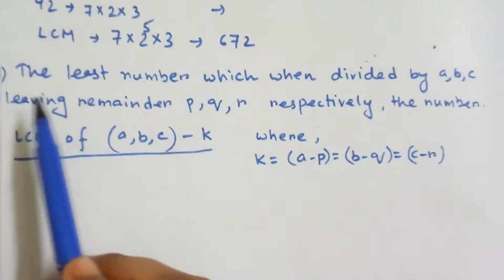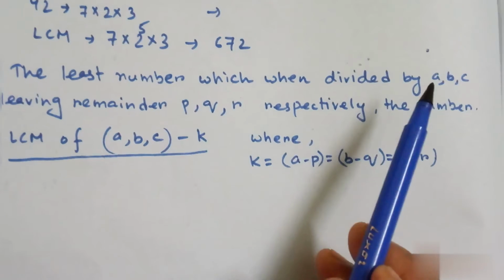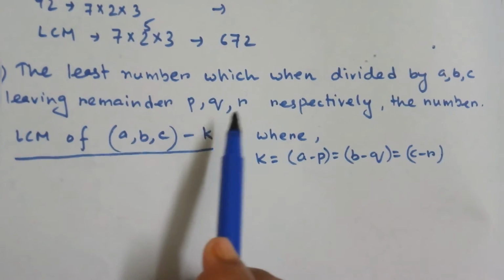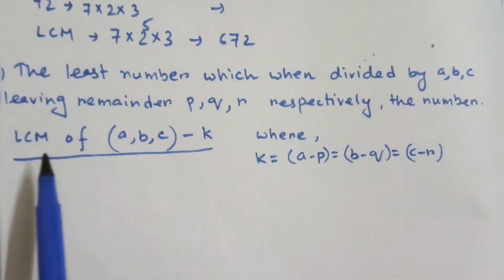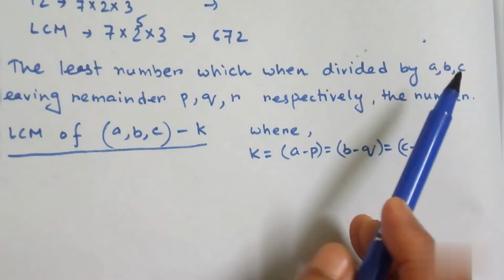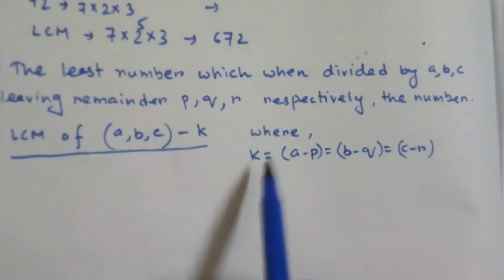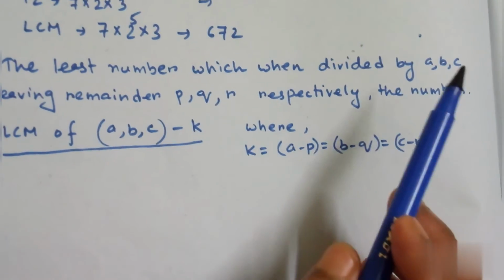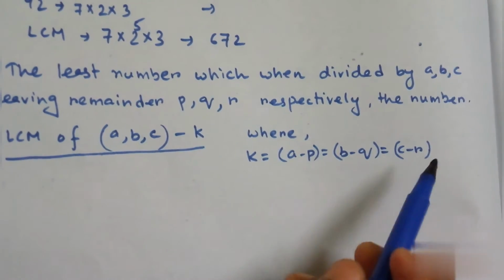The second is the least number which when divided by A, B, C leaves remainders P, Q, R respectively. So the least number will be LCM of A, B, C minus K, where K is A minus P, B minus Q and C minus R. These 3 are equal.